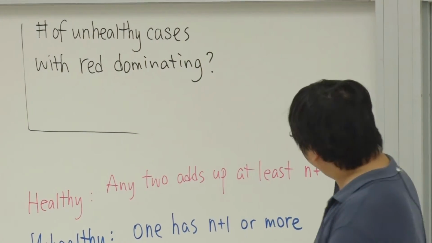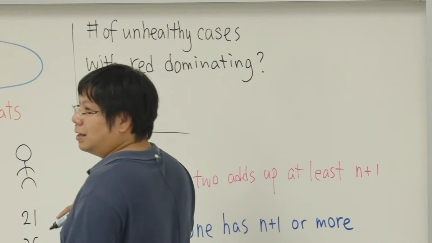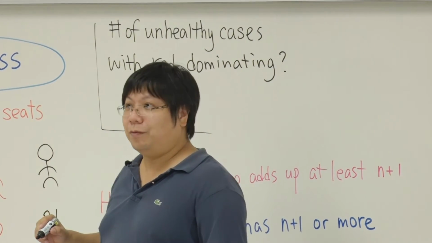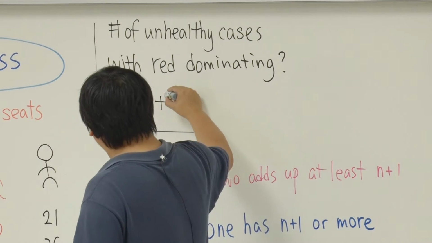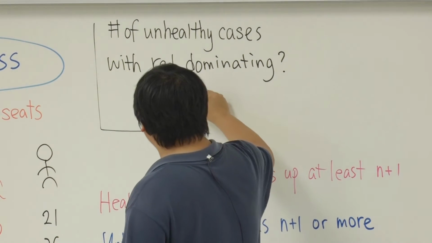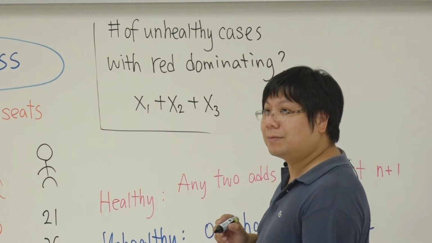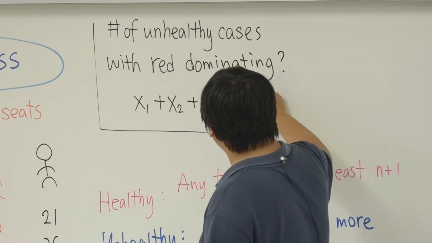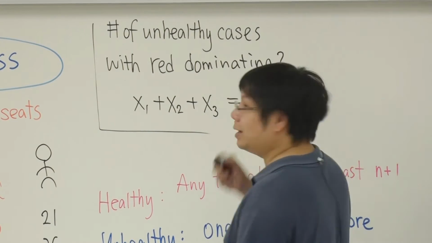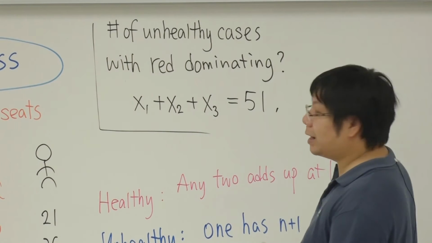So how many of them? Let's say x1 represents the number of reds, x2 represents the number of oranges, x3 represents the number of blacks. And they need to add up to 51, right? What are the constraints? The constraint is red is dominating.